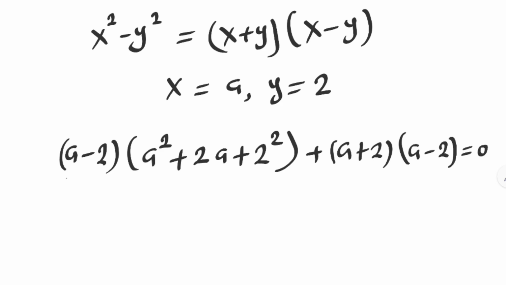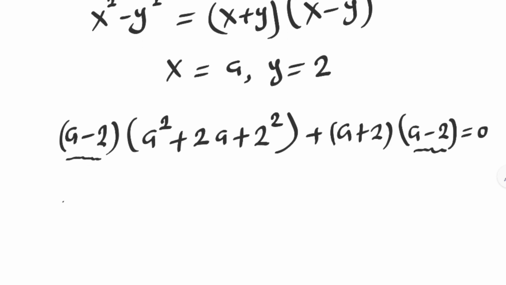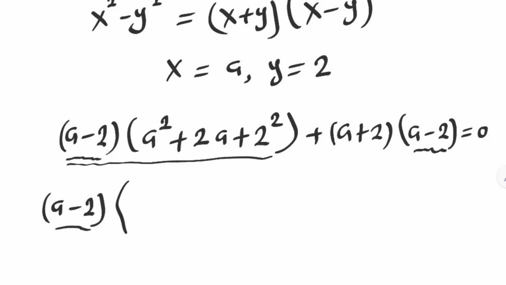Then here you can see that a minus 2 is common. Let's bring it out. A minus 2 bracket, if you divide the whole of this by this, we have a squared plus 2a plus 2 squared, that is 4.